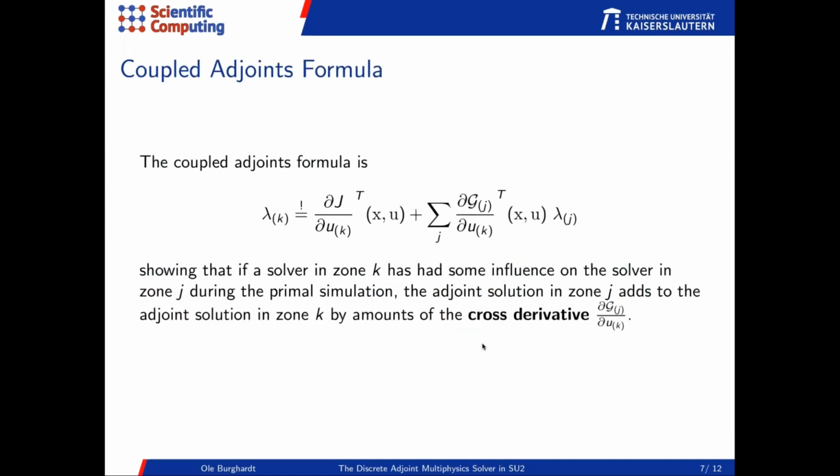And the formula to compute the adjoint is given here already in its precise formulation for multiphysics problems, showing that if a solver in zone k has had some influence on the solver in zone j during the primal simulation, the adjoint solution in zone j then adds to the adjoint solution in zone k by amounts of this cross derivative written down there.